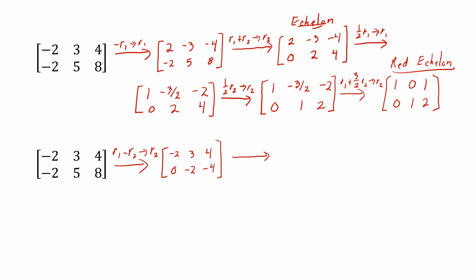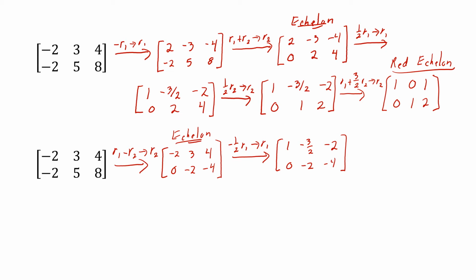Now, take negative 1/2 of row 1 as the new row 1. We get 1, negative 3 over 2, and negative 2. Second one stays the same. Oh, what I didn't point out was that after our first step, we are in echelon form.